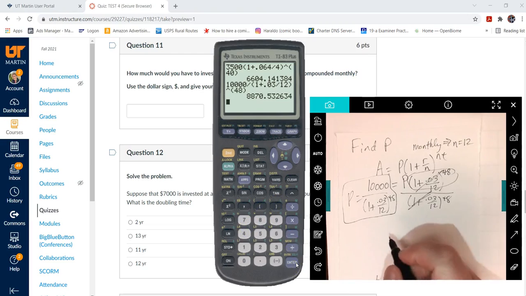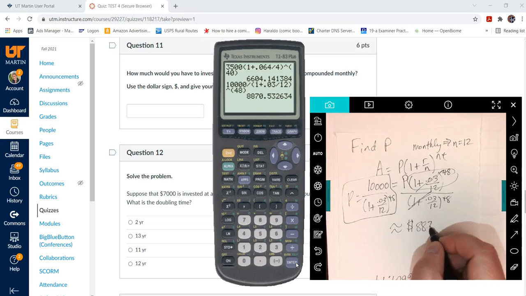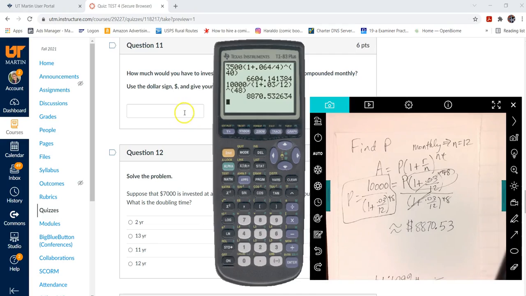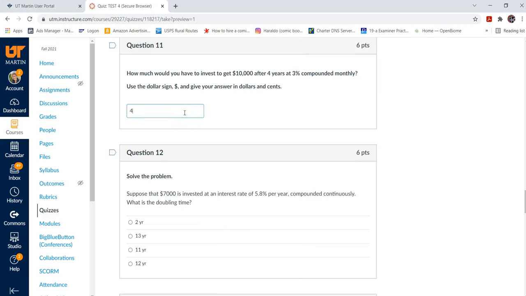Okay. And so that's going to be 8870 and 53 cents.